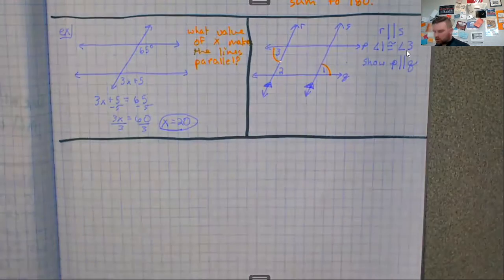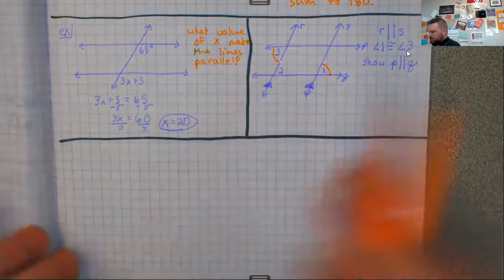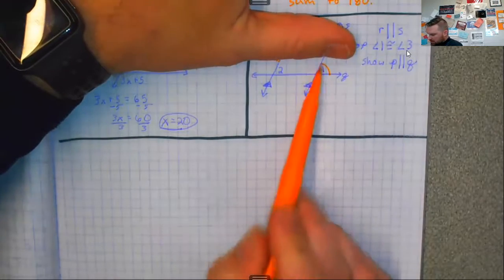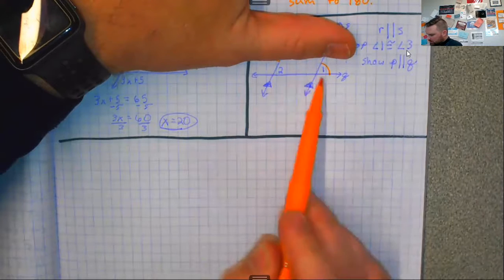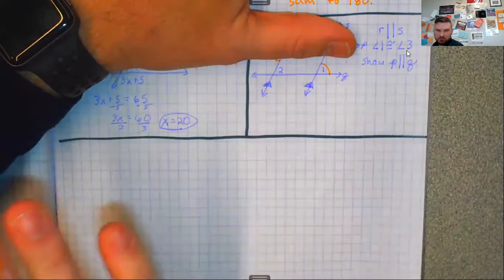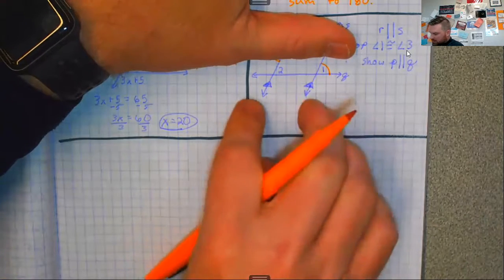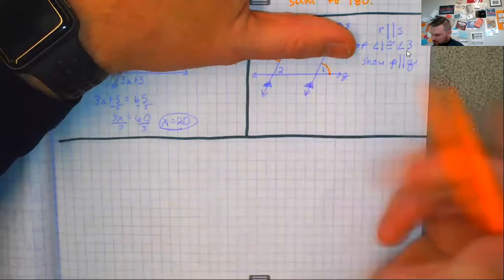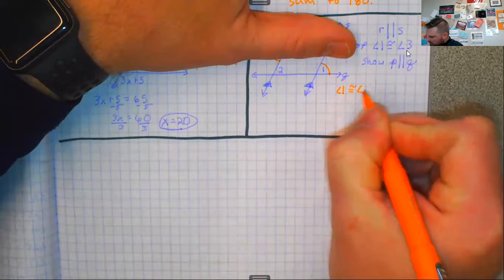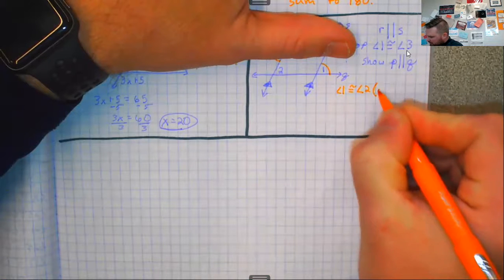Okay, and I know that angle 1 is the same as angle 3. Well, I've got parallel lines. If we just ignore this up here for now, I know that this line and this line are parallel. There's my transversal. So I know that angle 1 and 2 have to be the same because you have parallel lines, transversal, those are corresponding angles. So we're going to say angle 1 is congruent to angle 2, corresponding.